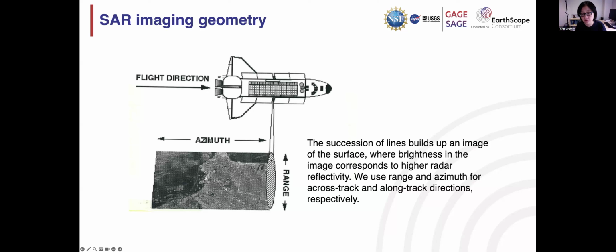You can divide this footprint into many, many bins, each of them sharing an equal range. At a given time, the target that is closer to the satellite will return a little earlier, and the target at the far range will return at a later time. This is what we call a line of the radar image, all collected at a given radar location.